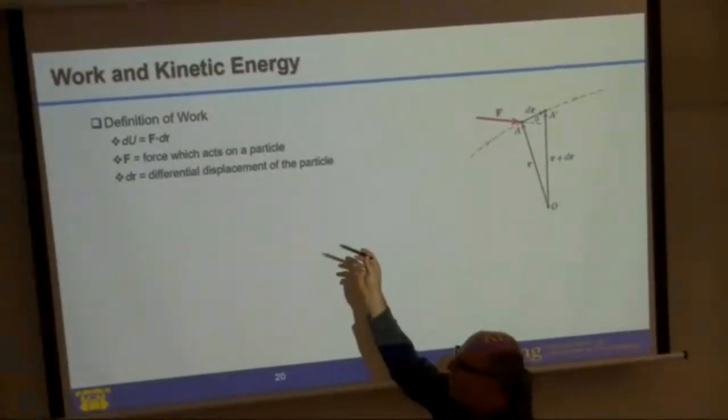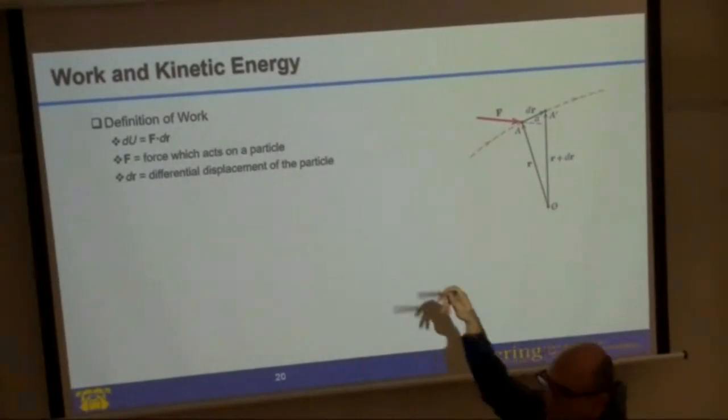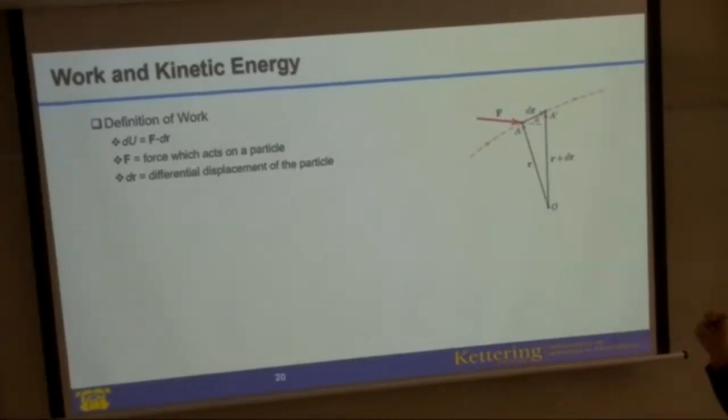I use the notation U for the work, because in this reference we use W to show the weight. To not confuse it, we use U. Maybe you use different notations to show the work. Whatever you use, just stick to that. But I want to follow the references.